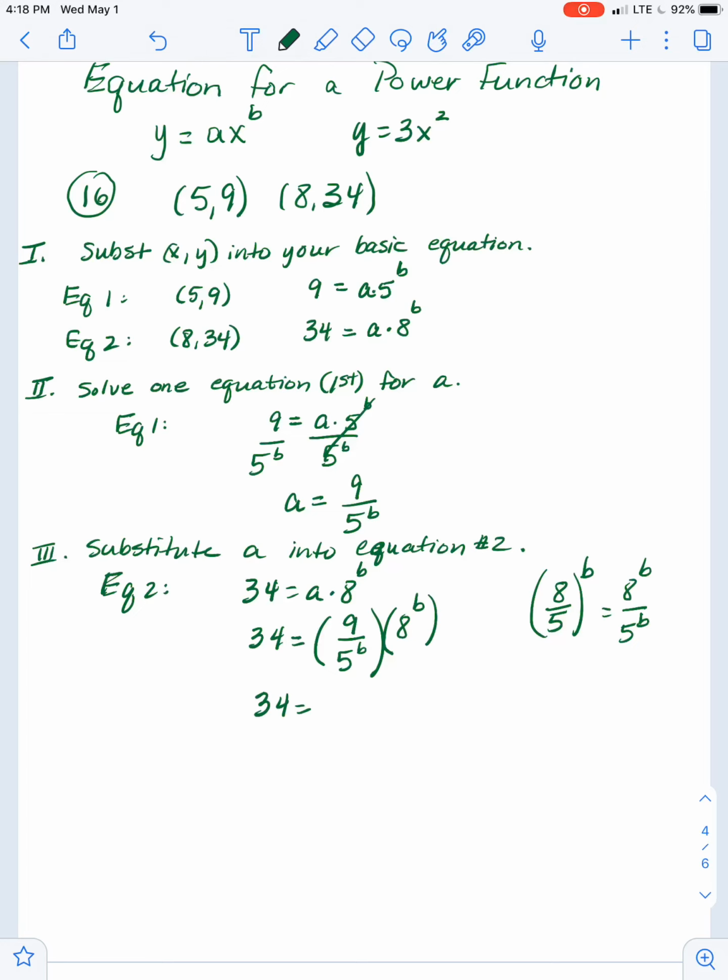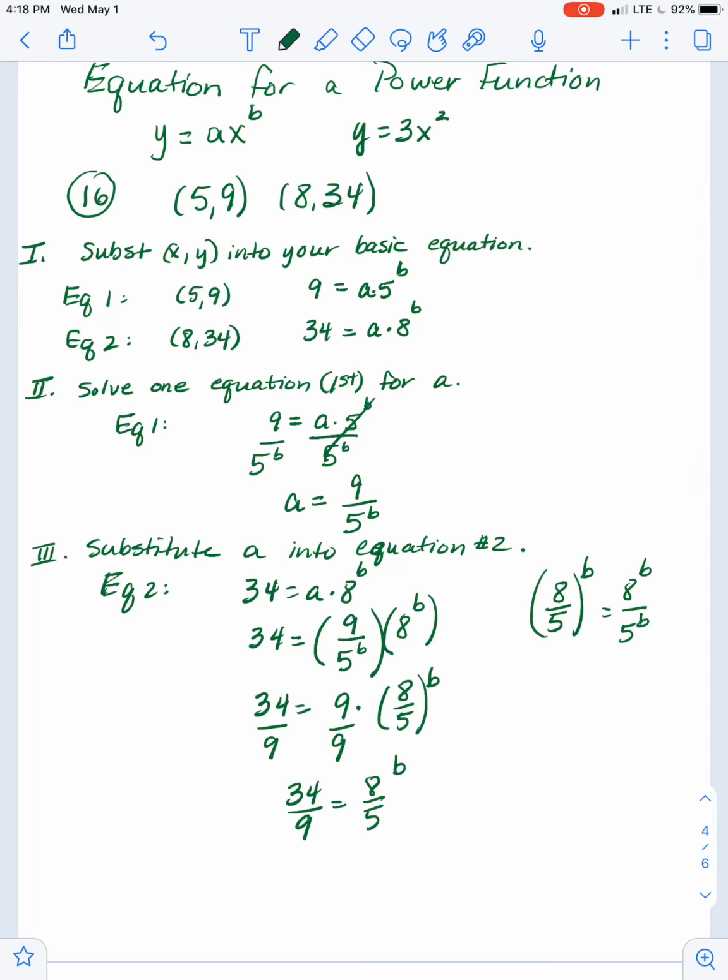So we would have 8 over 5 to the b power, and I have 9 times 8 over 5 to the b power. If that reduced, you would definitely want to do that, but in this case, it does not. So my next step is to divide by 9. So I have 34 over 9 equals 8 over 5 to the b power.